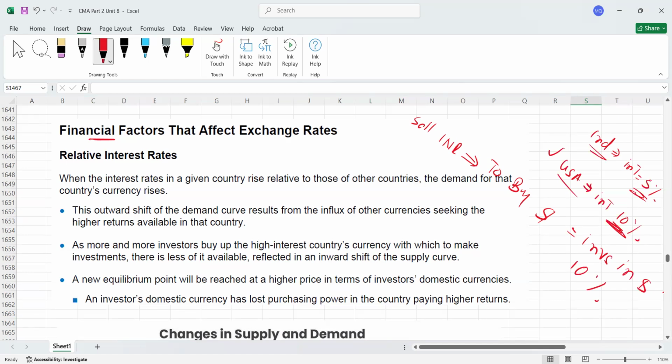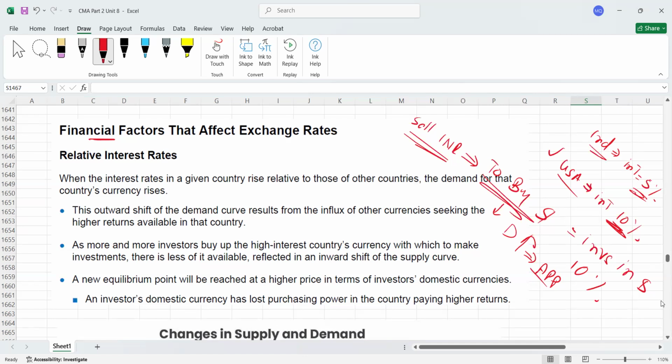So now by this activity, what will happen? Think logically. You are selling Indian rupees to buy dollars, so dollar demand will increase. If dollar demand increases, obviously the dollar will appreciate also. So this is the simple point.